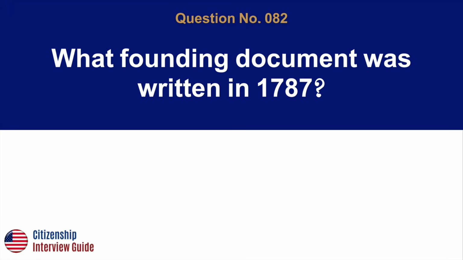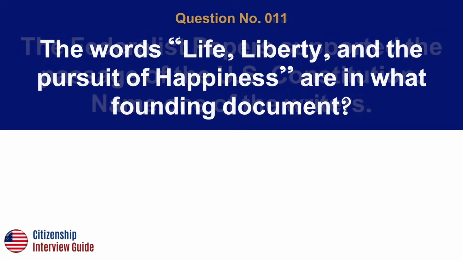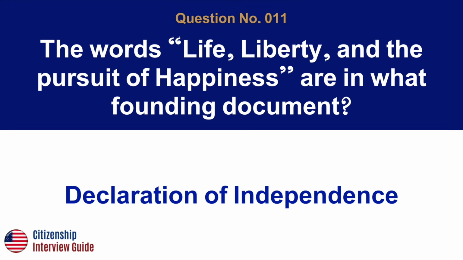What founding document was written in 1787? U.S. Constitution. The words life, liberty, and the pursuit of happiness are in what founding document? Declaration of Independence.